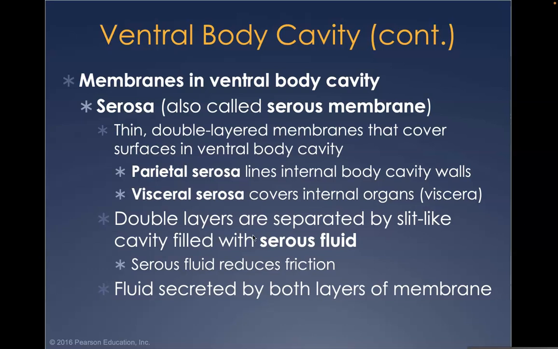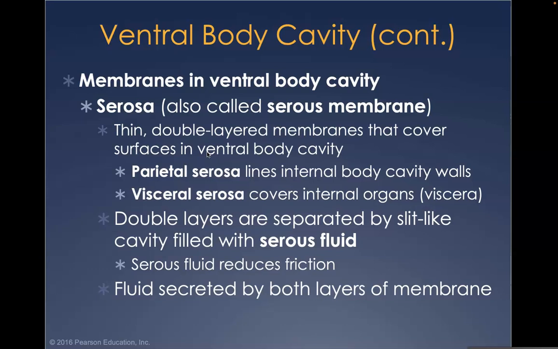So the serosa are basically these double layered membranes that cover the surface of some ventral body cavity. Either it's going to be lining around the lungs or around the heart, or it's going to be lining around all the abdominal organs.